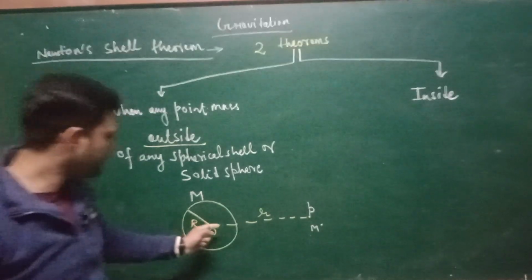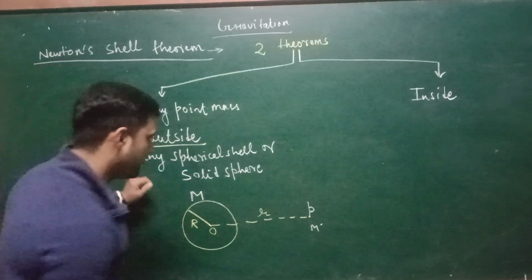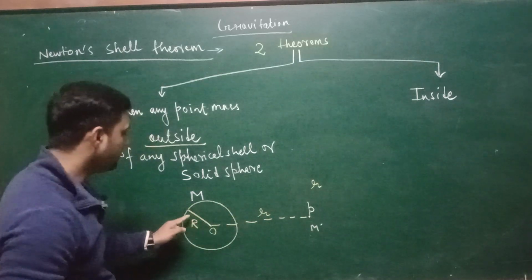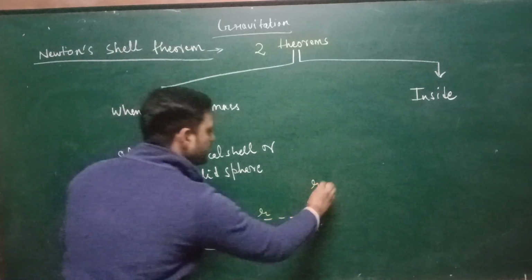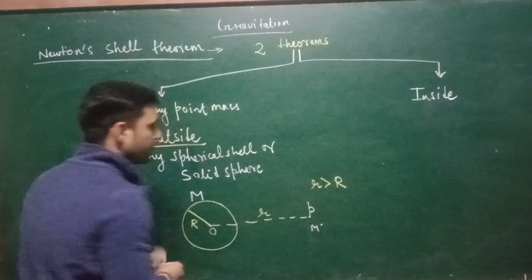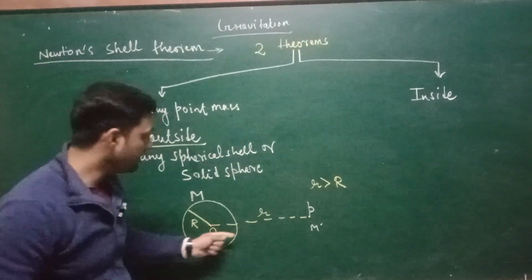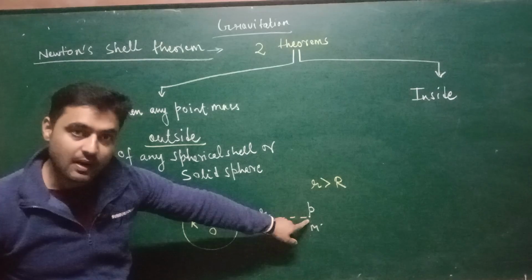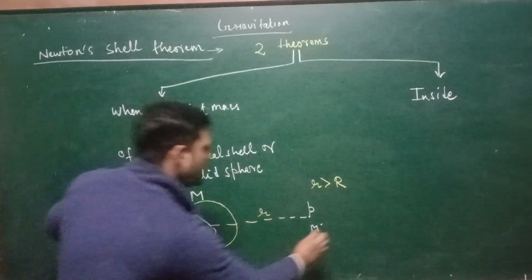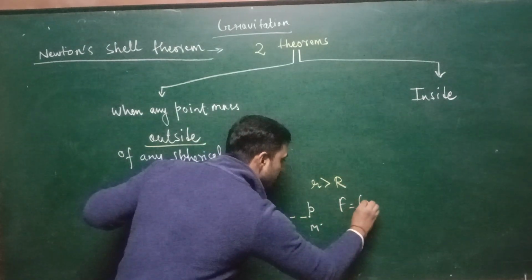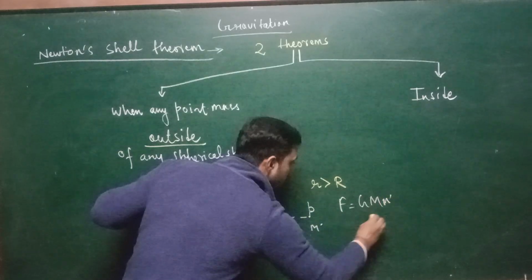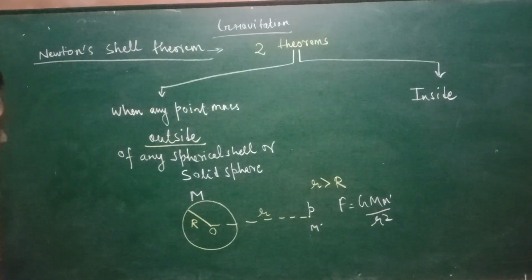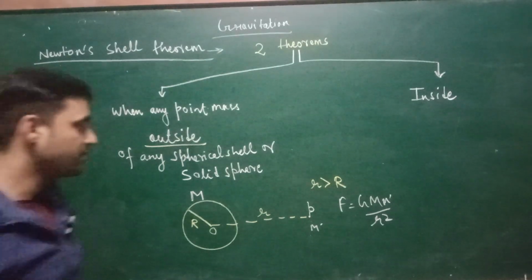As you can see clearly from this figure, small r is greater than capital R. So the force experienced by this point mass P will be equal to G M M dash divided by r square. This is very simple, which we have already studied in Newton's law of gravitation.